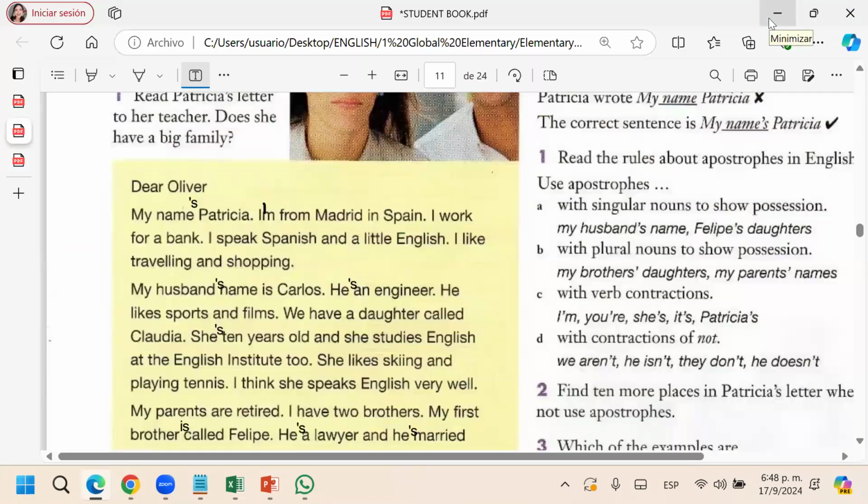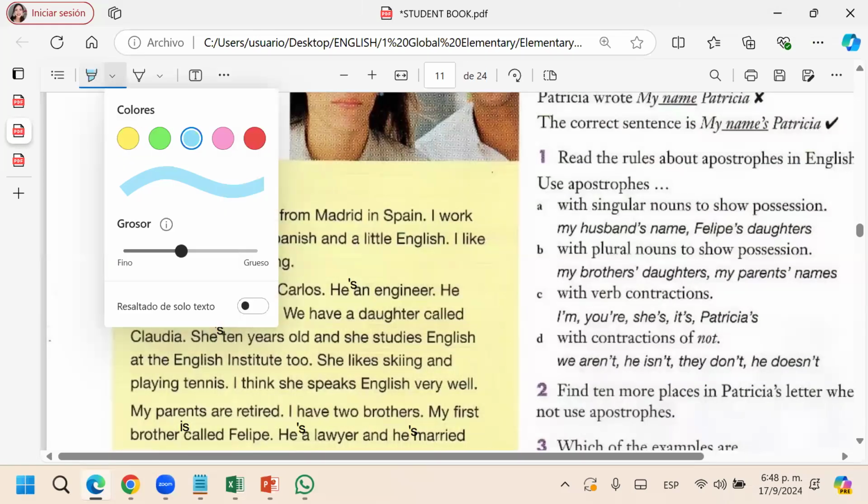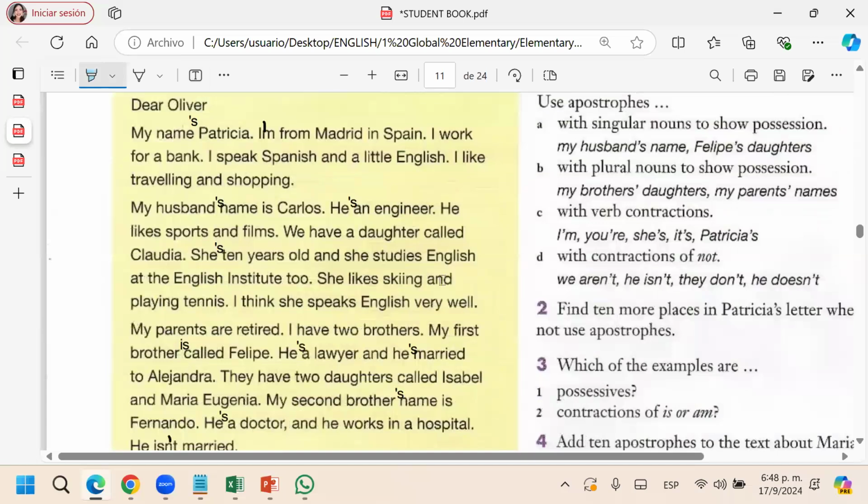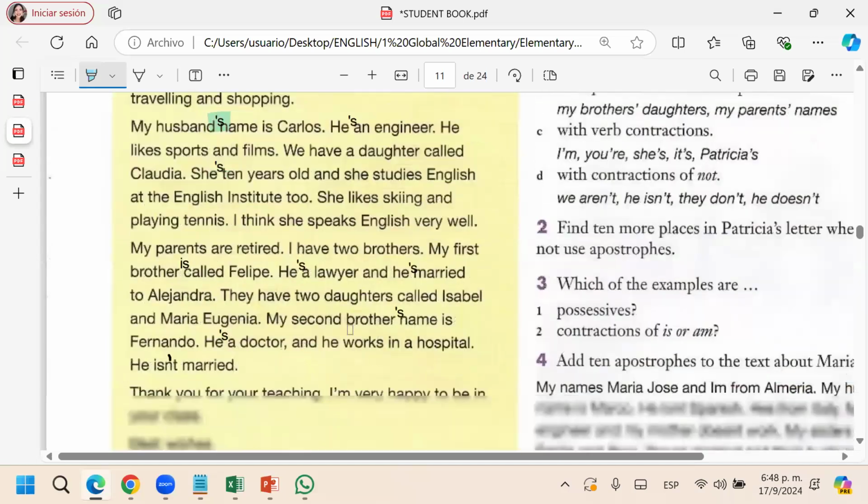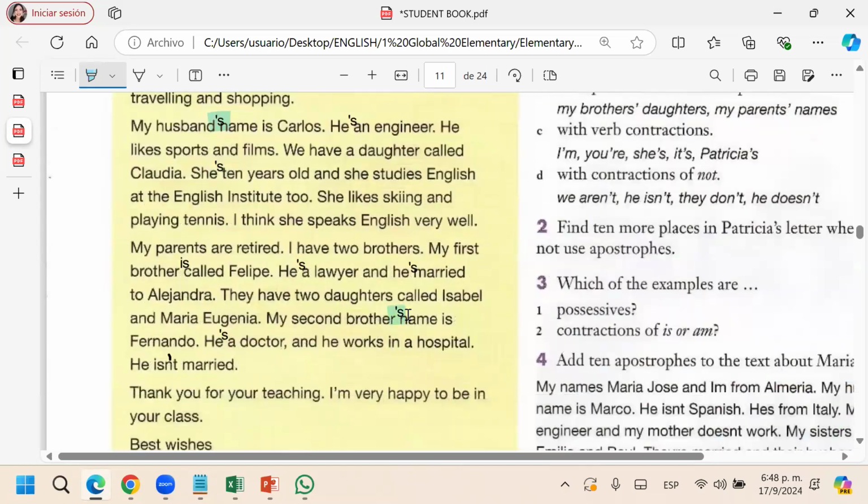So the apostrophe S sometimes is for possession, like, for example, when we say my husband's name. Here I saw, my brother's name. Which other? I think that those are the only two.